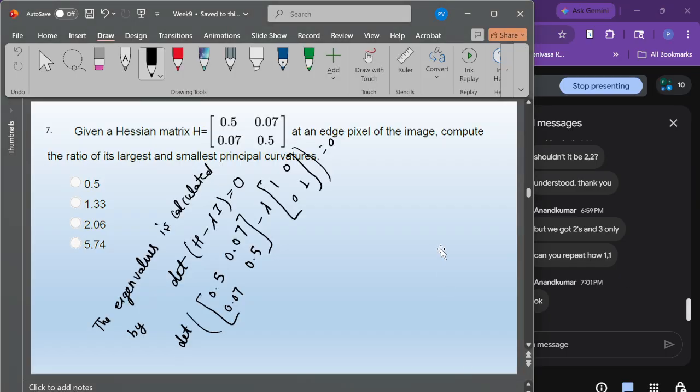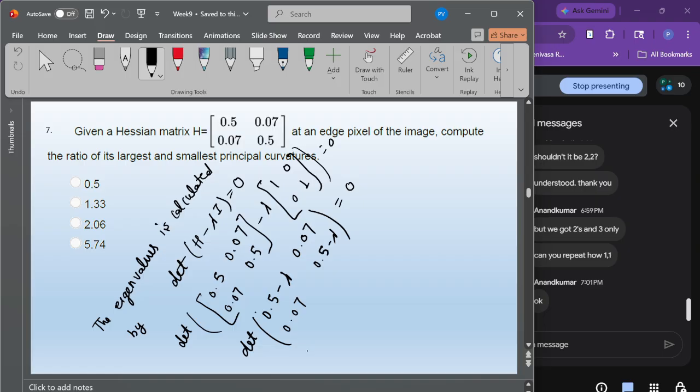It is fine. Now, if you just directly subtract it, you will get here 0.5 minus lambda, 0.07, 0.07 and 0.5 minus lambda equal to 0, right? That determinant must be equal to 0, right?